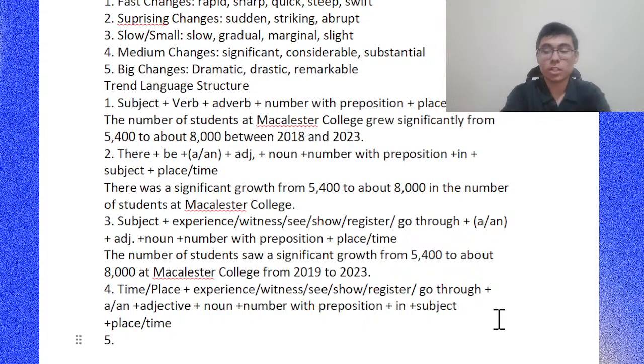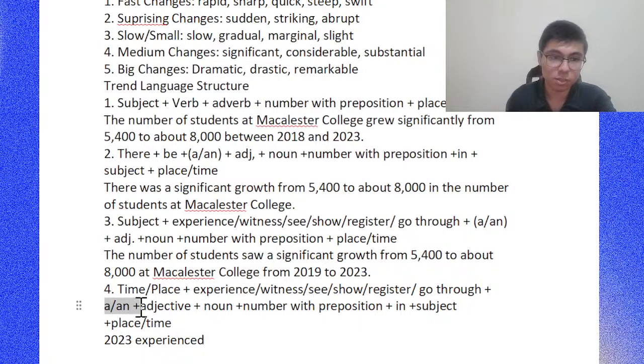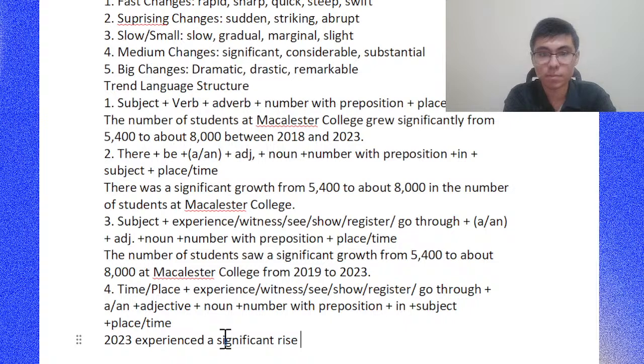So now let me illustrate it. For example, let's put time. Time would be 2023. Example, experience it. So we use this one, and then we can use an adjective and noun. So let's say significant rise, and then after that we have a number with preposition.